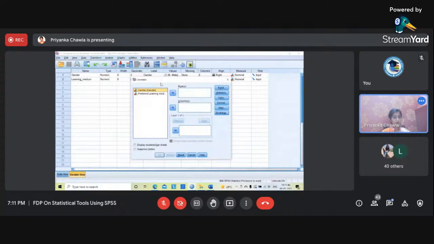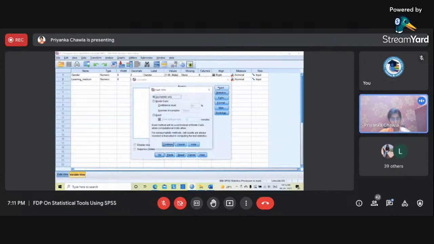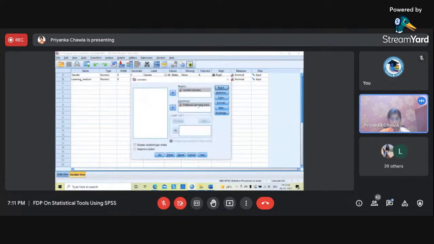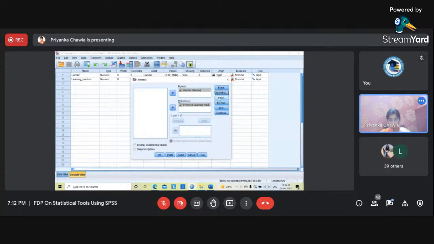You should put gender in row, and preferred learning medium in the column. No need to change anything in the Exact tab. Under the Statistics tab, just click on chi-square. Click on Continue.